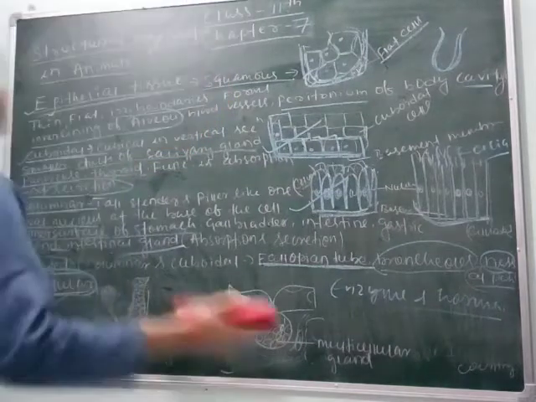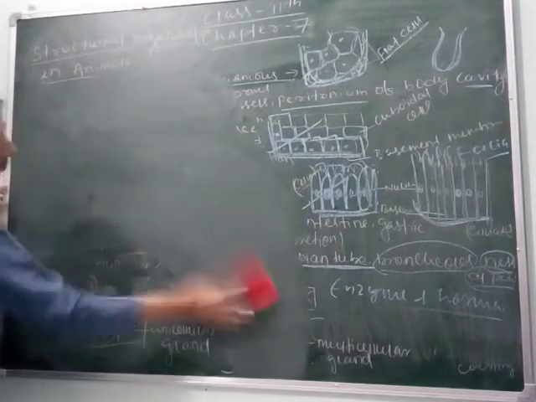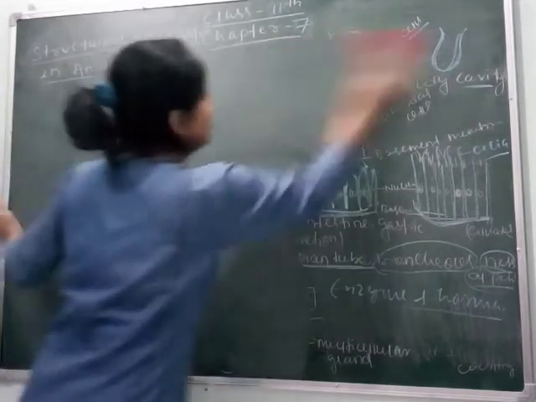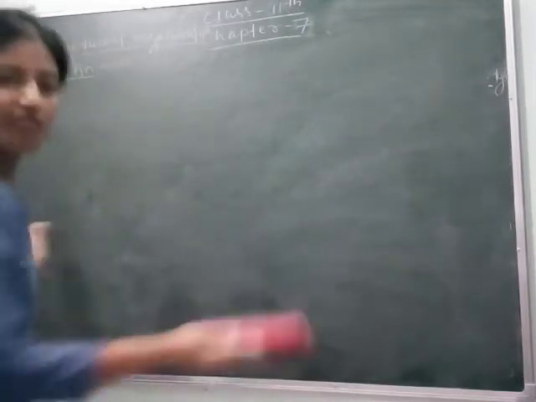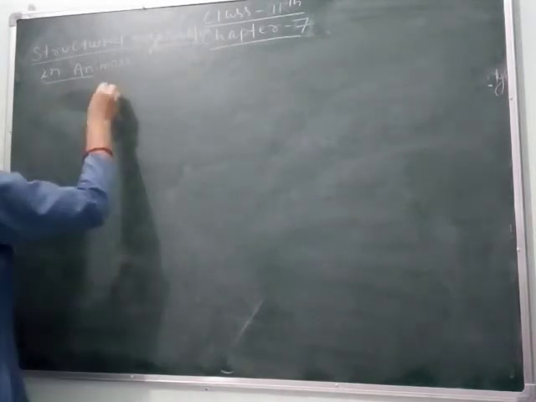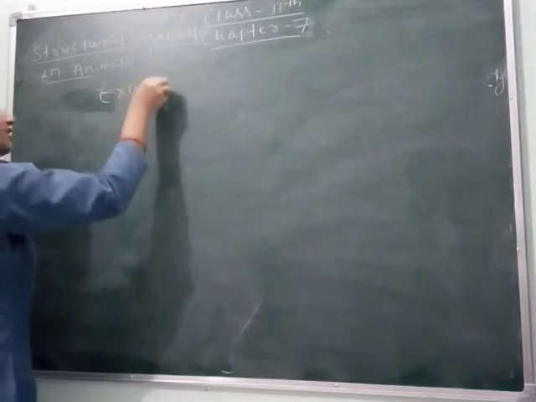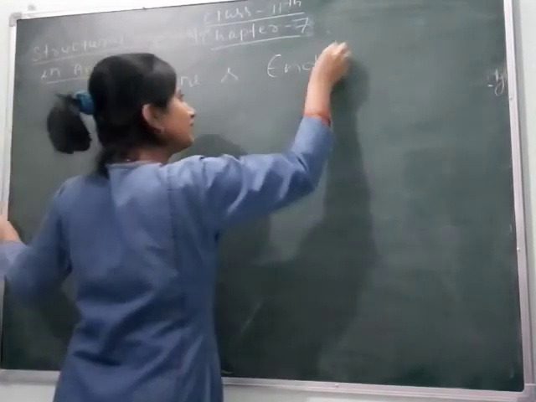Let's see. We can see the glandular tissues form exocrine and endocrine glands.